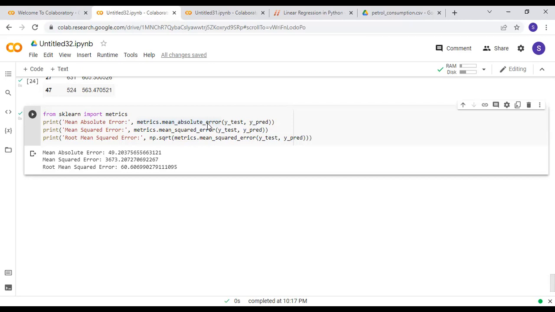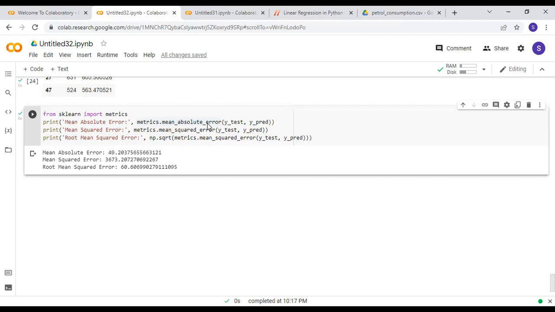The mean square is the square of this absolute error, and that is why it gives the larger figure, 3673, because it is the square of the absolute value.